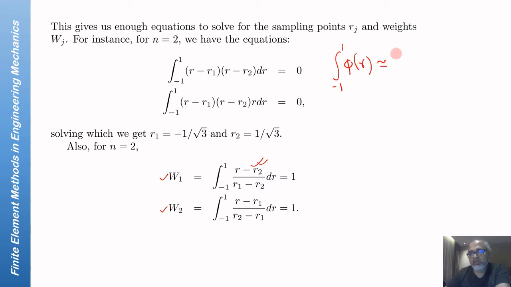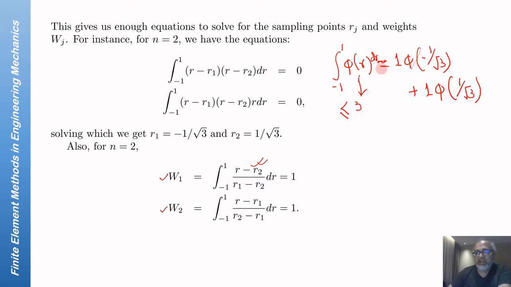Therefore the integral from minus 1 to 1 of phi r dr is approximately equal to 1 times phi evaluated at minus 1 by root 3 plus 1 times phi evaluated at 1 by root 3. It is exactly equal if this is a polynomial of order less than or equal to 3, and it is approximately equal if it's greater than 3.